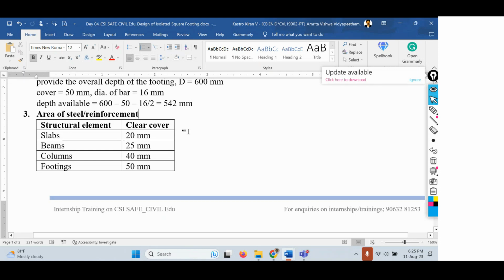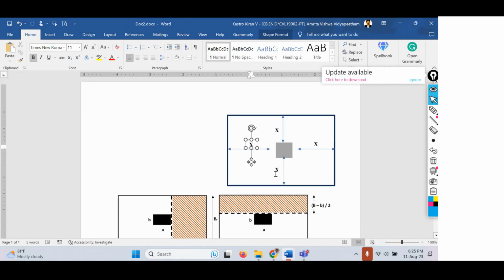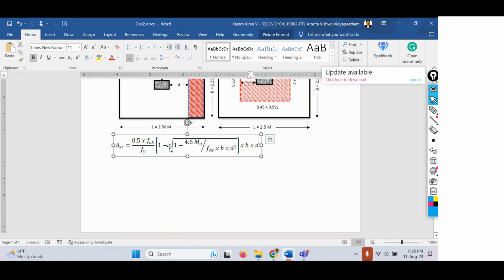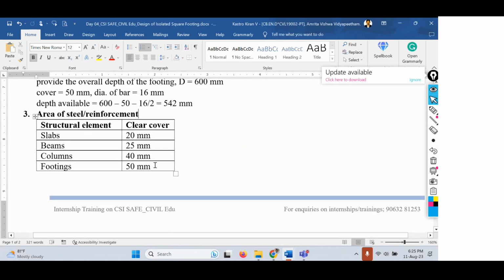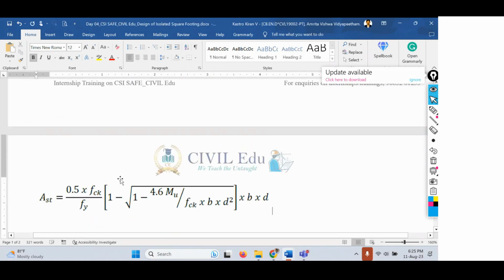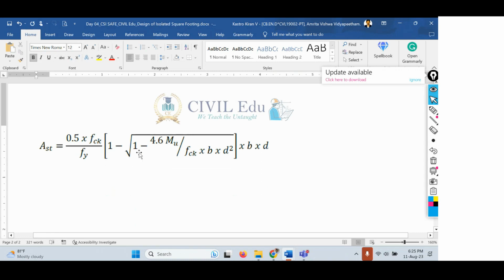Correct. So now let us calculate the area of steel based on the depth consideration. In order to calculate the area of steel, we have a formula, Ast equals 0.5 fck by fy times of 1 minus root of 1 minus 4.6 Mu by fck b d squared, times b d, which we have used in the previous session also. What is Mu?